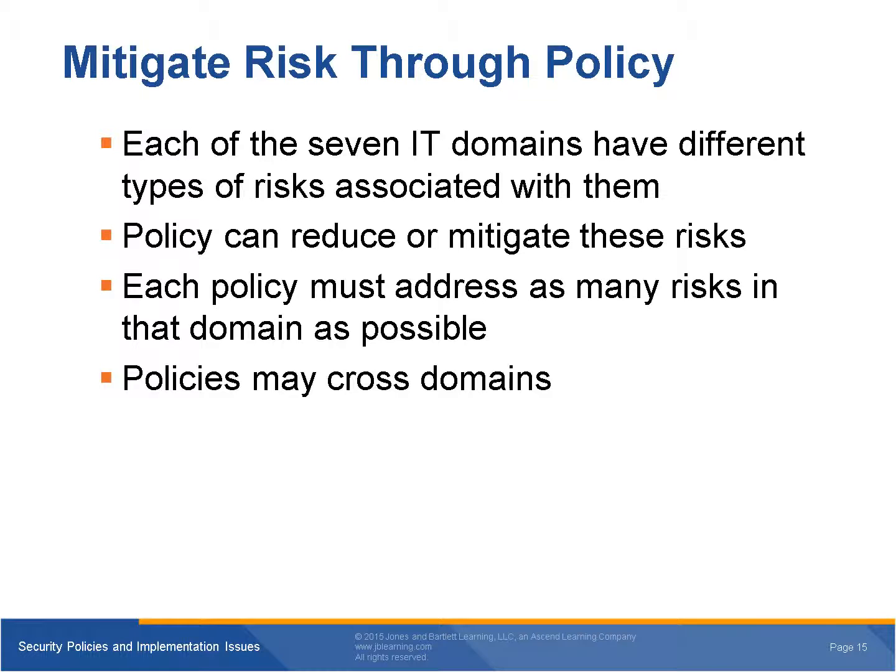Mitigate the risk through the policy. Each of the 7 IT domains has different types of risks associated with it. A policy can reduce or mitigate these risks. Each policy must address as many risks in that domain as possible. And policies may cross the various domains.